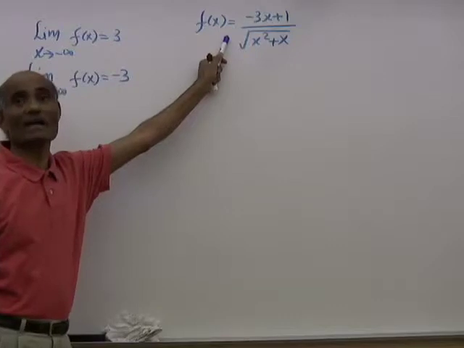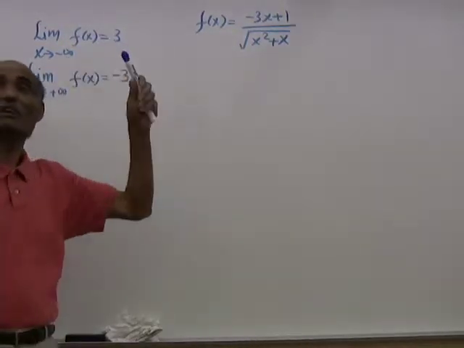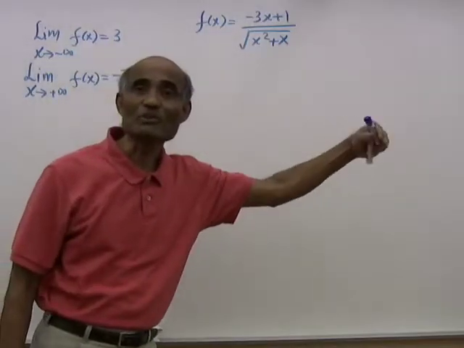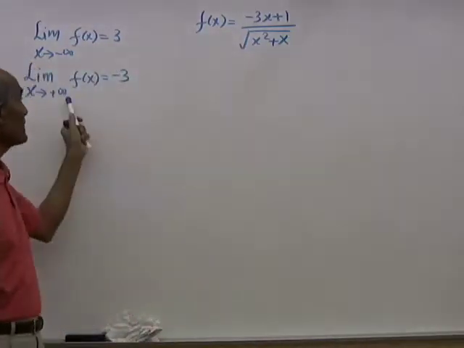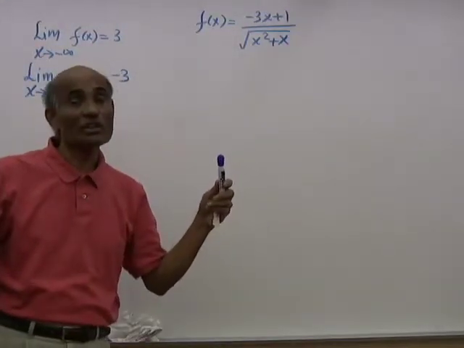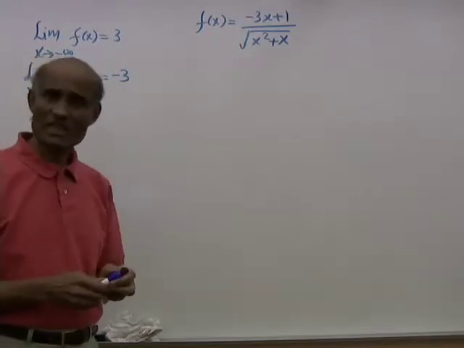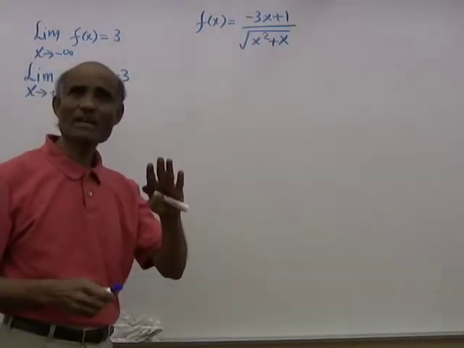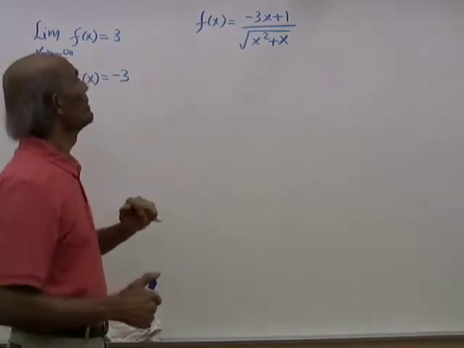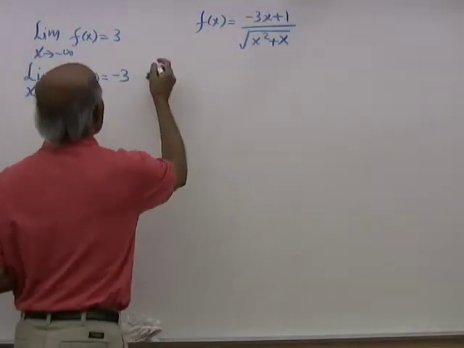We now know that as x goes to negative infinity, the function will approach y equal to 3. And as x goes to positive infinity, the function will approach y equal to negative 3. Well, to sketch the graph, let's also get the intercepts. What is the x-intercept? Can you give me the x-intercept here?